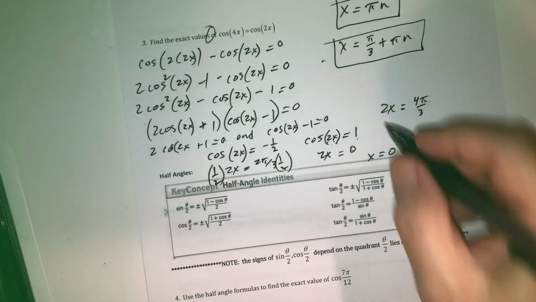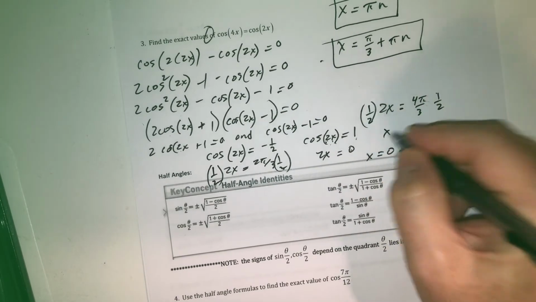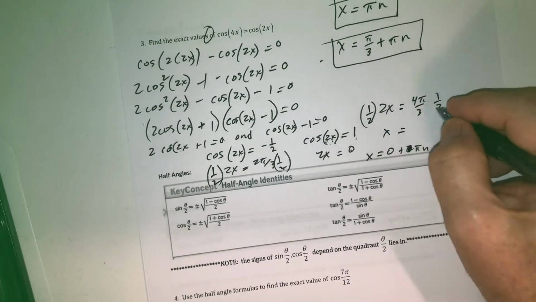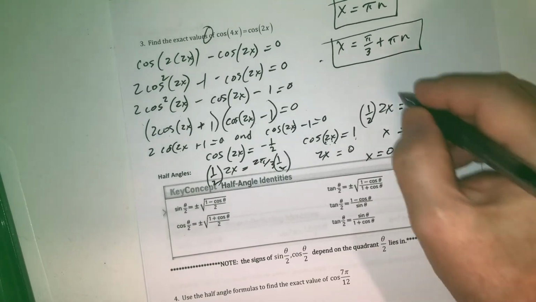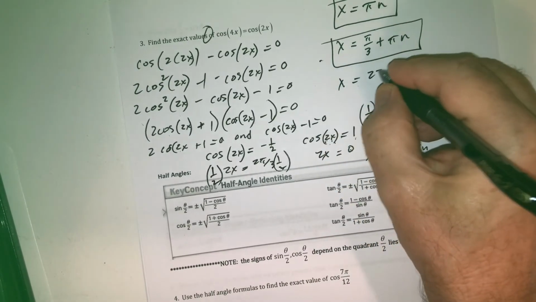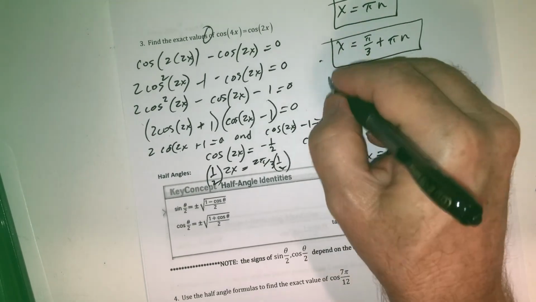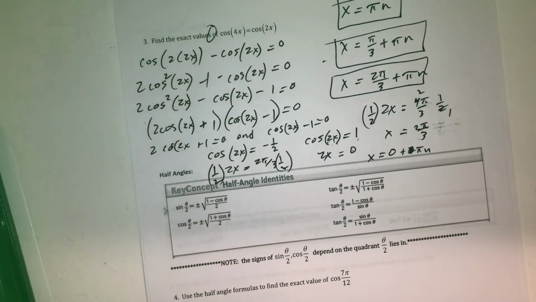And from this one, if we multiply both sides by 1/2 to solve for x, that would give us x is equal to 2 pi over 3, and we have to keep adding pi in where n is an integer forever, and there are 3 sets of infinitely many solutions for that equation.